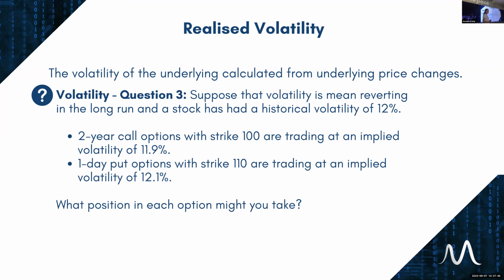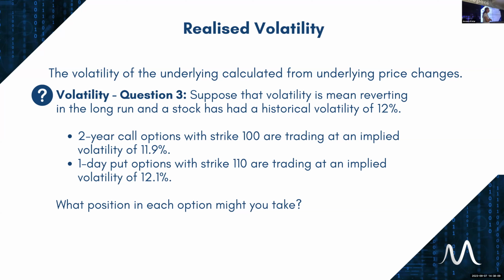If there's less realized volatility than what was implied by the price, then you're going to lose money. Because remember, higher volatility means higher option prices. Right? So the realized volatility is the volatility actually calculated from the underlying movements.